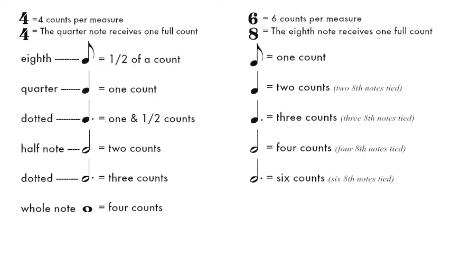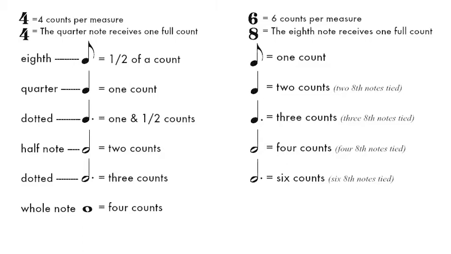Whenever you see a 4 at the bottom, a quarter note is always 1 count. But when you see an 8 at the bottom, a quarter note is 2 counts. It just doubles. An eighth note in a meter where the bottom number is 4 is half of a count, but an eighth note when the meter has an 8 on the bottom is 1 full count. It doubles in value.